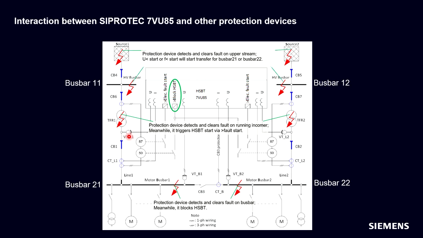And last but not least, we will also have faults on the main bus or main source, and that will be detected by an under voltage start or under frequency start on the motor bus.